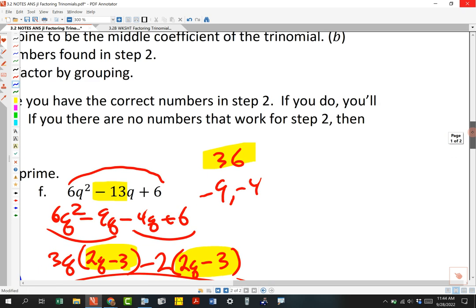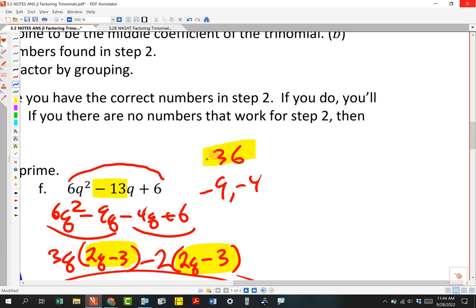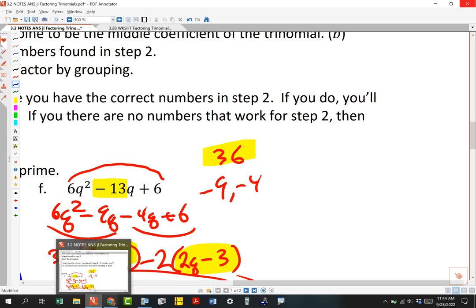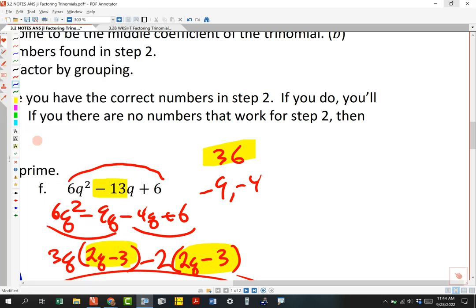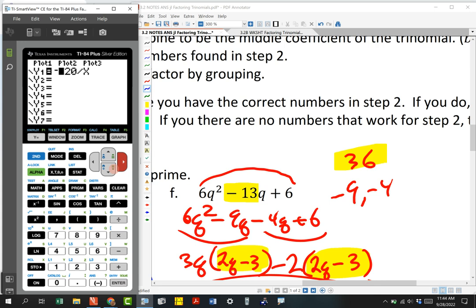What was another one that we did? Let's do this one. There was no way to get out of this. So I'm going to go back to y equals. What's going to go on the top? 36. So I'm going to do 36 divided by x. I'll delete everything else off. I could have hit the clear button, I suppose.